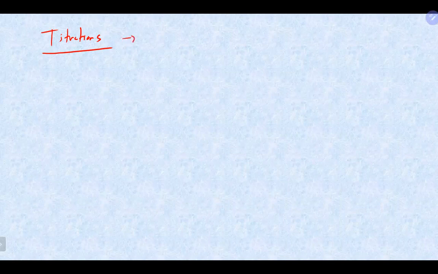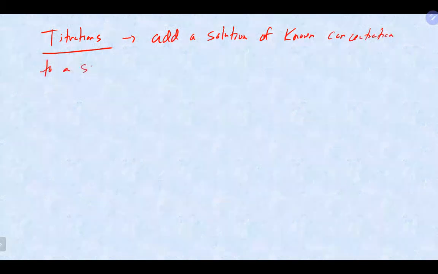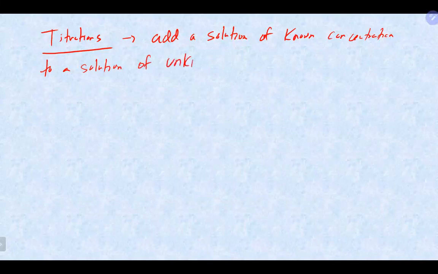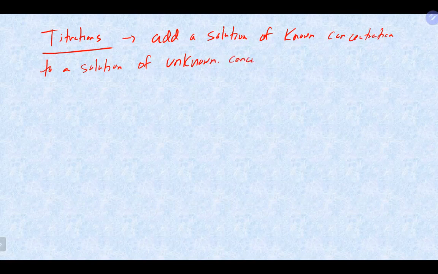In a titration, we add a solution of known concentration to a solution of unknown concentration a lot of times. So we have a solution that we know pretty much everything about, and we have one where we really don't know too much about.